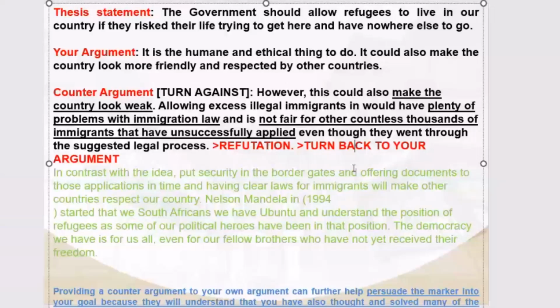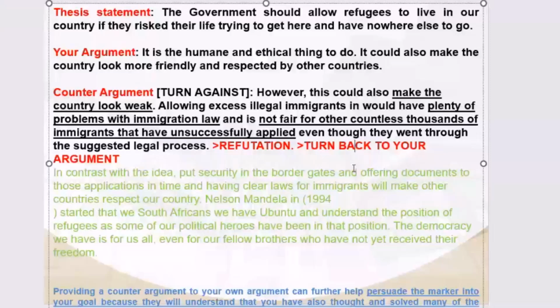The refutation that you are giving, you are refuting the ideas of those who say no, if we open up for the refugees, it will make us look weak. Now, how do you counter that? You say, in contrast, the security at the border gate is enough to make us not look weak. And how do you counter the view that it would create plenty of problems with the immigration law?